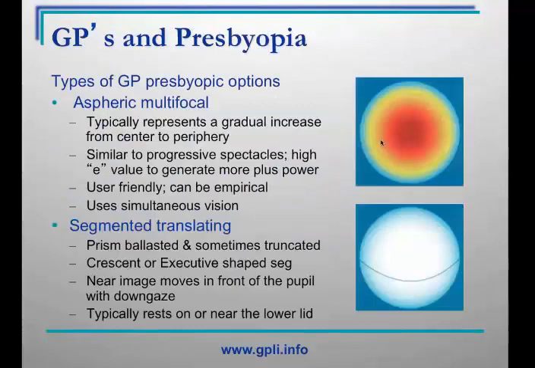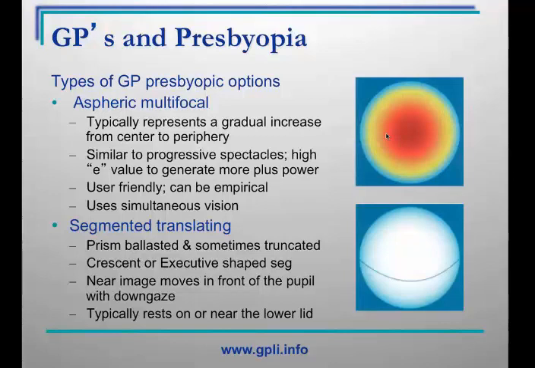There are many different types of GP presbyopic options. Two very popular ones are aspheric multifocals and segmented translating designs. The aspheric multifocals typically represent a center distance design that gradually increases in plus as you go away from the center. This is similar to progressive spectacles. There's often a high eccentricity value to generate more plus power as you get away from the center.